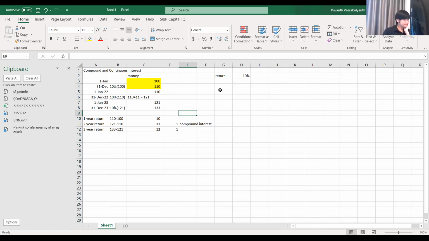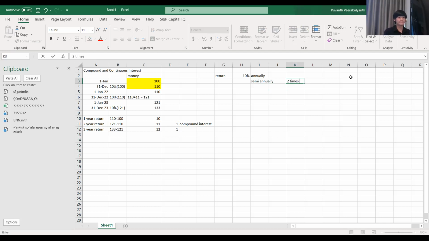And yeah, I will show you one more example, because in this example you get the return annually, or the banker will give the interest to you once a year. But what will happen if you get the return semi-annually? It means that you will get the return 2 times a year.